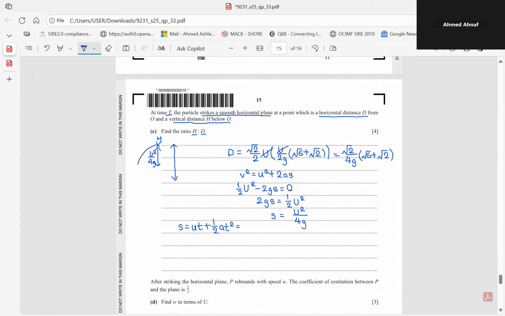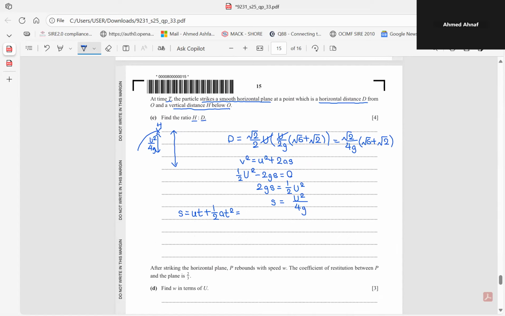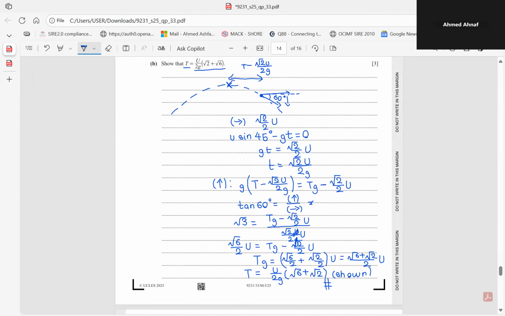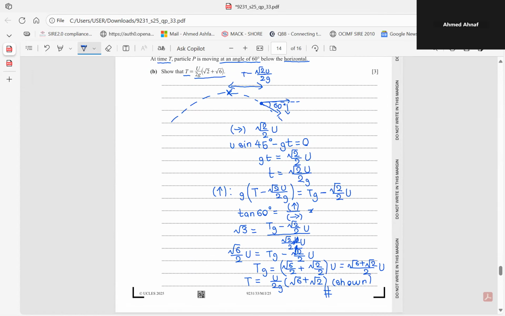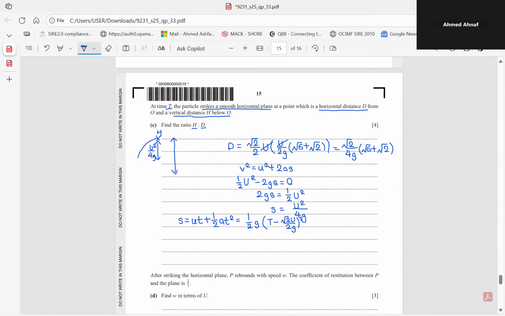So u is the initial velocity at the top, so that's just 0, and then it's just half g, and then the t is the time from here, so t minus square root 2u over 2g, squared.